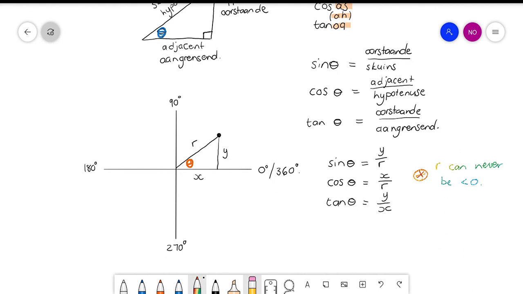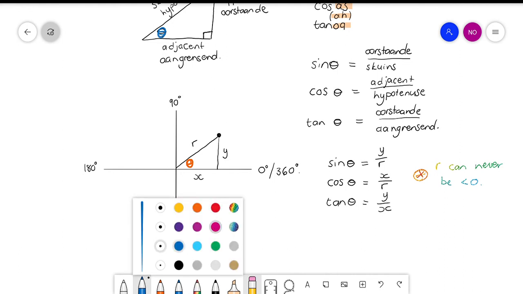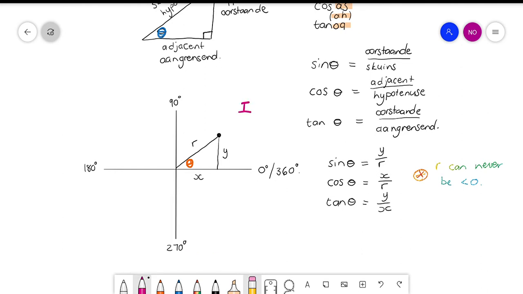Okay, so let's first name the quadrants again, in case you guys forgot them. Any angle between 0 and 90 degrees is in quadrant 1. En ons noem dit skerphoeke, né? So al ons skerphoeke, all of our acute angles will be in quadrant 1.